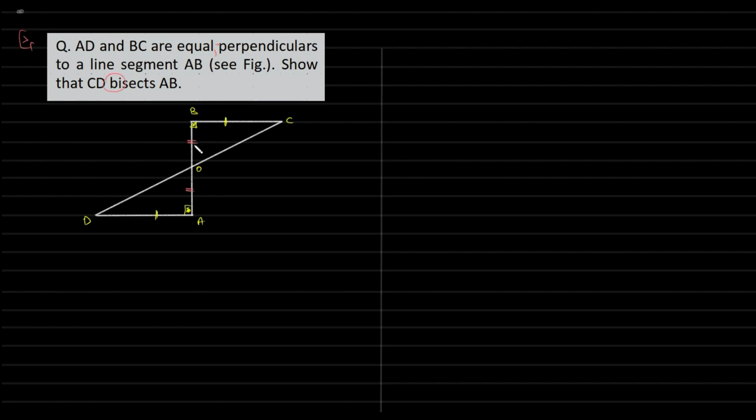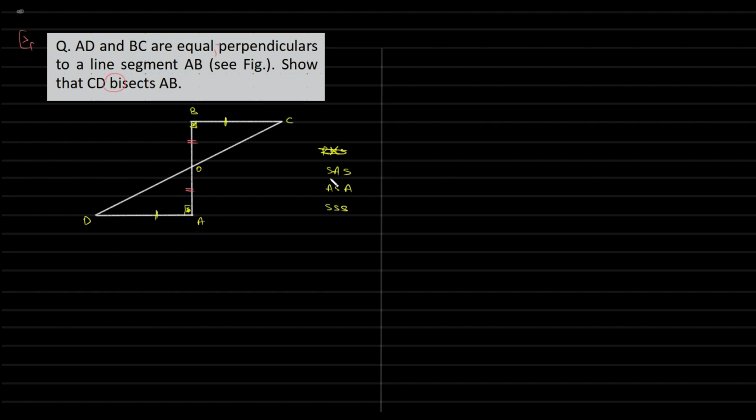Obviously I can't take BO equal to OA. So that eliminates my options. I have two tools, SAS and ASA, and in future you'll learn about SSS and RHS. For RHS I need a right angle, which I have, and the hypotenuse should be equal, which I can't prove now.